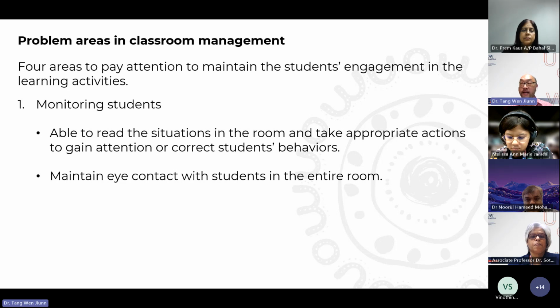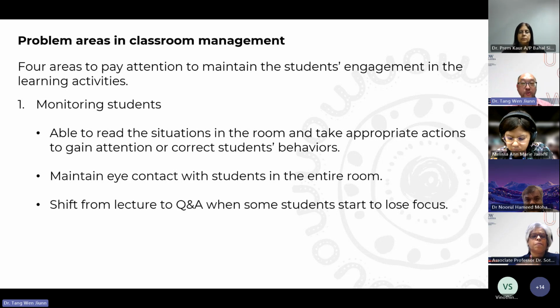If the classroom is small, like a classroom of 40, where we are able to make eye contact with students, we should do that with all the students, not only focus on one. We have to look left, right, up, down, everywhere, so that they're aware we are looking at them.